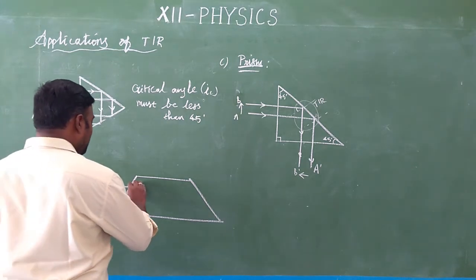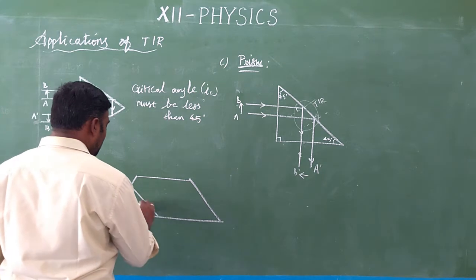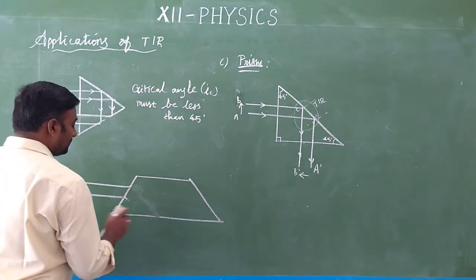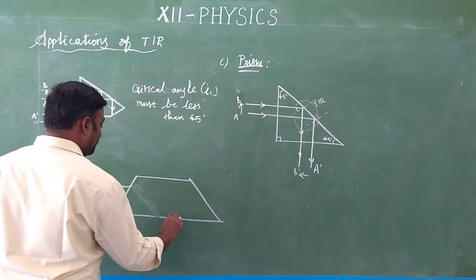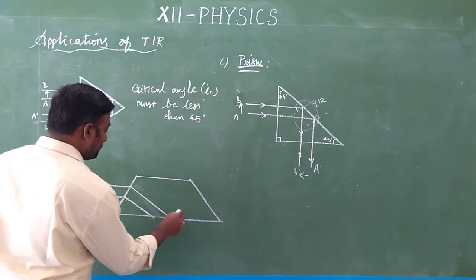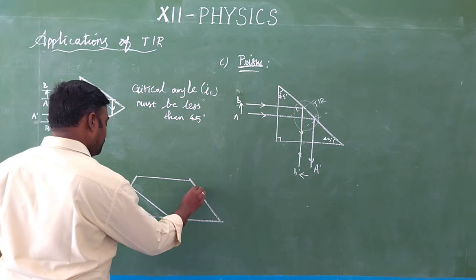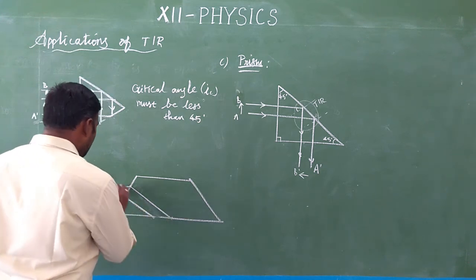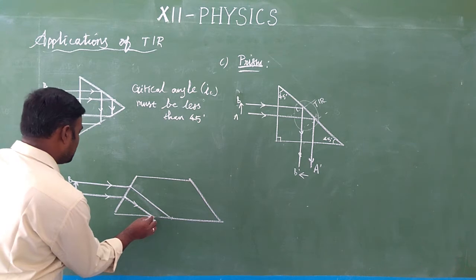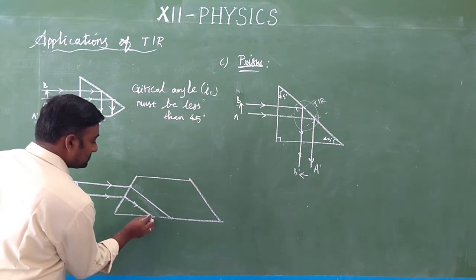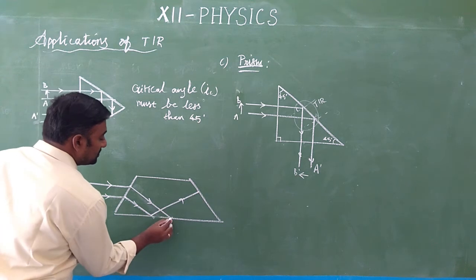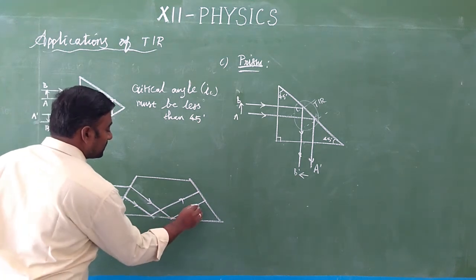After incidence, they undergo refraction. Then A is internally reflected, and this is for B, that is also internally reflected.